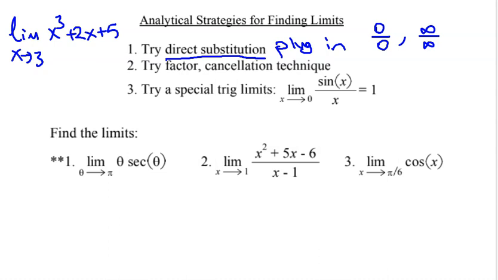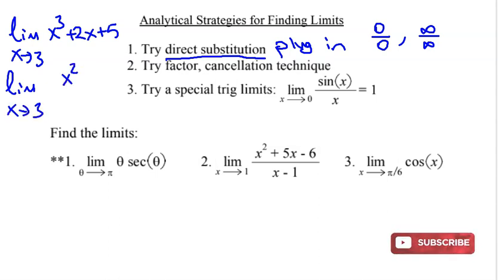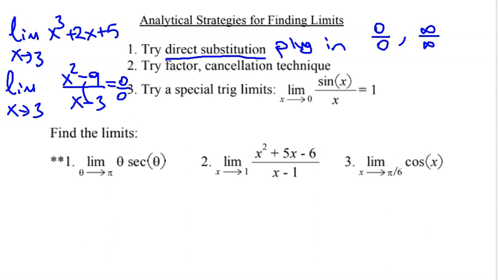But what if we have this function, limit as x approaches 3 of x squared minus 9 over x minus 3. When you substitute 3 into this rational function, we're going to end up with 0 over 0. So in this case, we need to apply the factoring method.